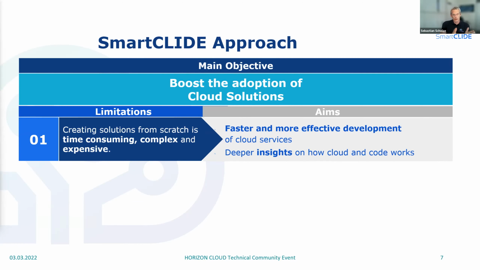So the limitation is that creating new solutions from scratch is very time-consuming, complex, and expensive. And in SmartCLIDE, we are aiming that we can provide tools to have faster and more effective development of cloud services, and also gain deeper insights on how cloud and code works.